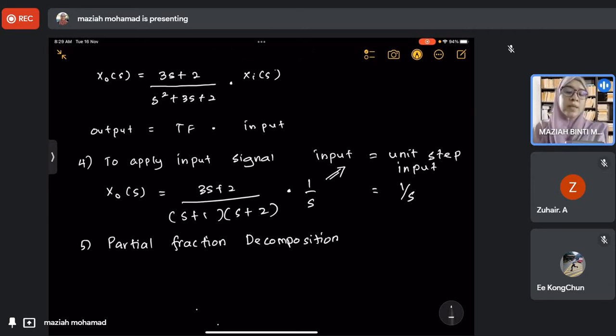Okay, there is a partial fraction, meaning from a function we can convert into partial fraction.